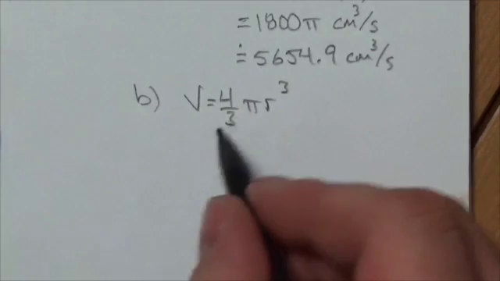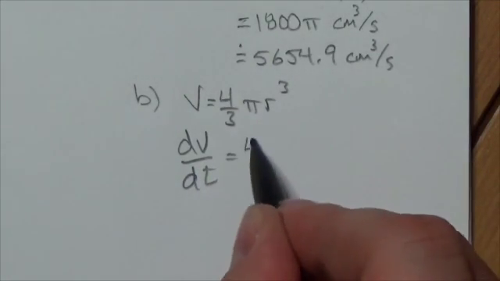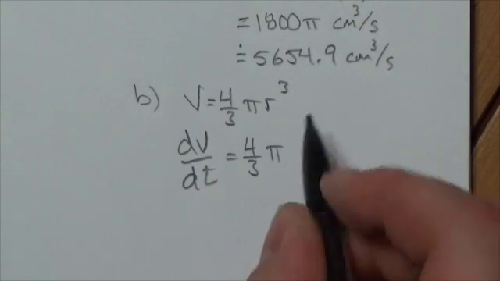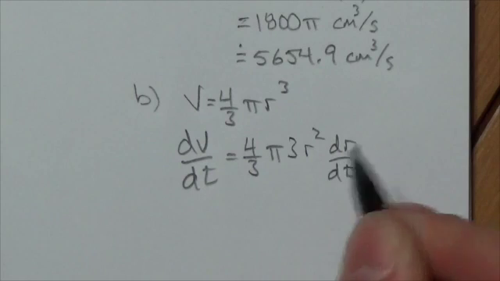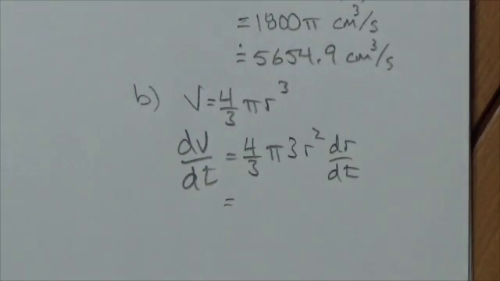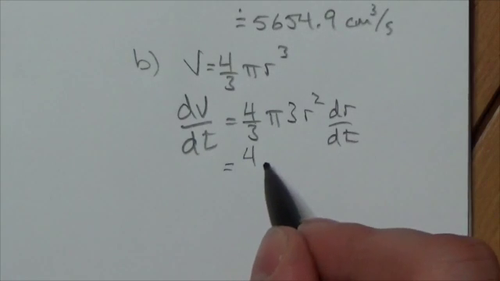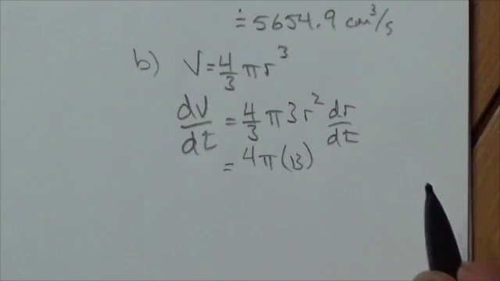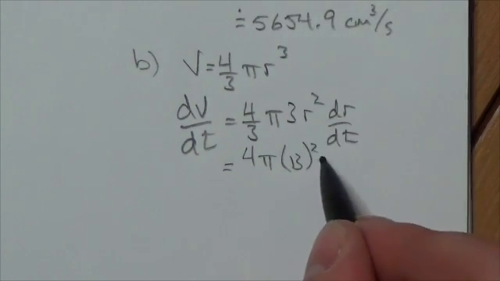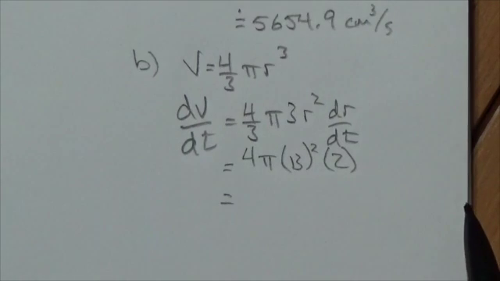So we use the same formula, with the derivative with respect to time: 4/3 pi times 3r squared dr by dt. Again the 3's cancel. In this case the radius was equal to 13, and dr by dt was equal to 2.